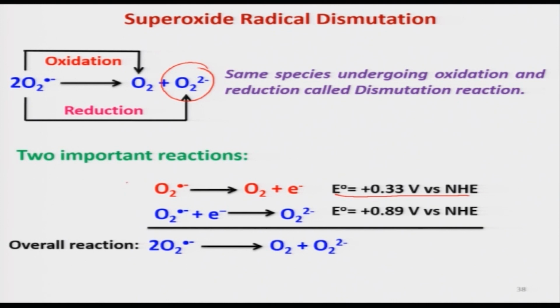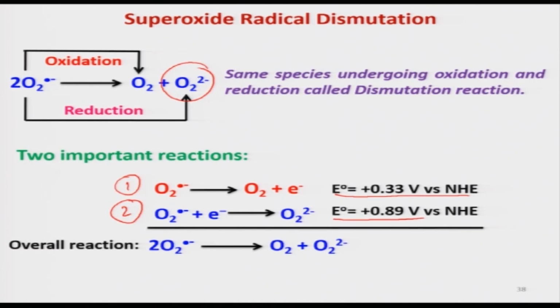This is reaction 1. In the second reaction, O2 minus plus an electron gives rise to O2 2 minus, peroxide, where E0 is plus 0.89 volt versus NHE.